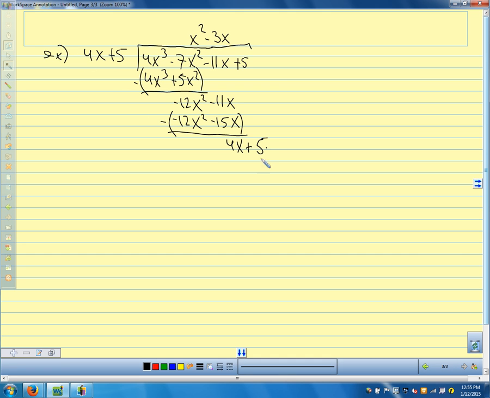And what do I multiply 4x by to get 4x? Plus 1. 1 times 4x, I get 4x. 1 times 5 is 5. Subtract, and I get a remainder of 0. We'll talk in just a little bit about what that tells us when we get a remainder of 0.